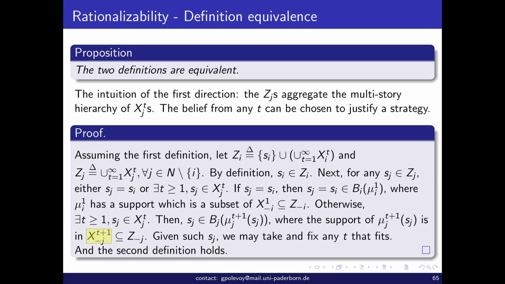So this Sj is also supported by something which has support in Z minus j. Given such an Sj which is not Si, we just take any t that fits here, and we have a corresponding mu j t plus 1 of that Sj. So we've managed to construct Z and prove that all we need in the second definition holds.